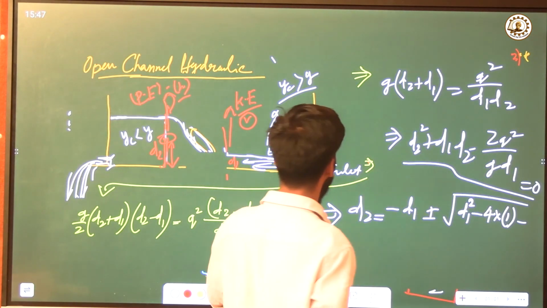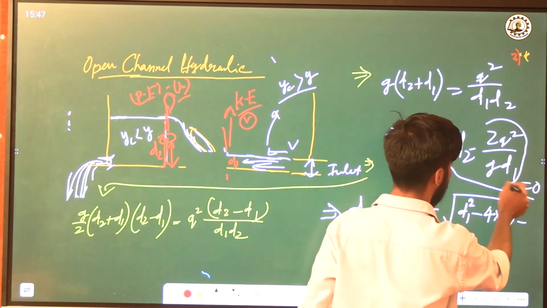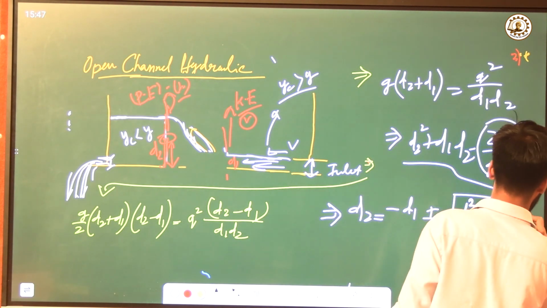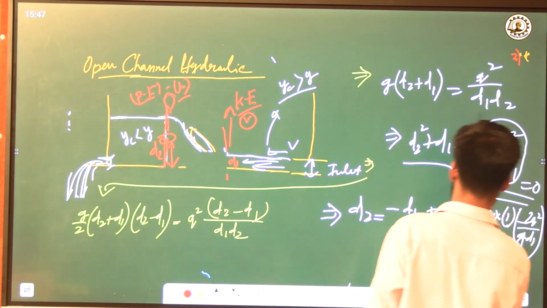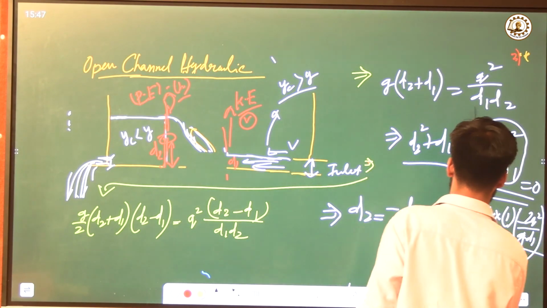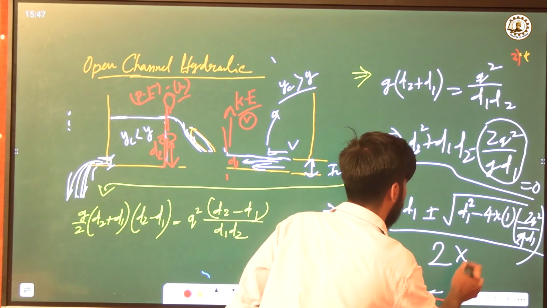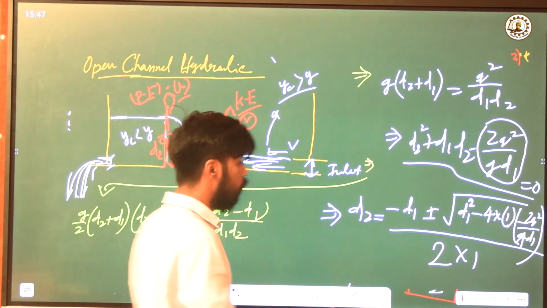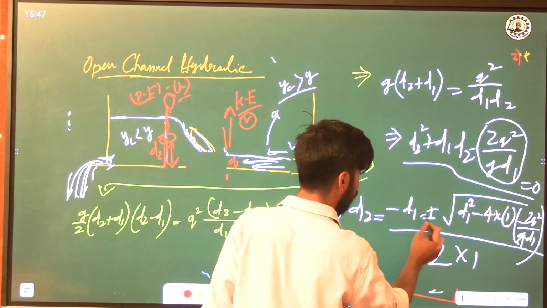What is the value of c? c is minus 2q squared by g d1. Then put 2q squared by g d1, and the whole thing is divided by 2 into 1. Now we have two roots, one with the minus value and one with the plus value.